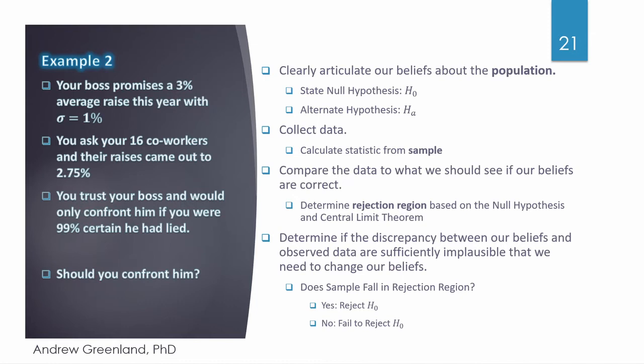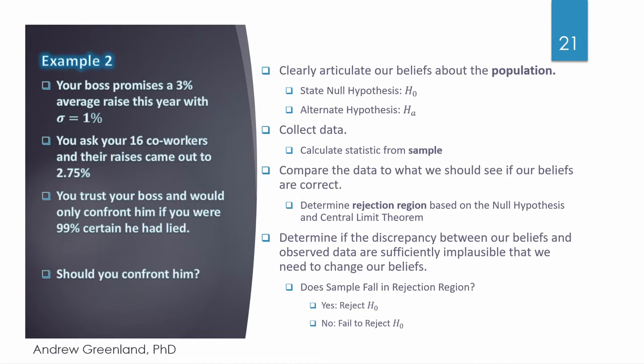Not that you've got any reason not to trust your boss, but just the same, you chat with the next people you run into, which happen to be about 16 coworkers, and you find out that between you and the other 15, the average raise in that group came out to be 2.75%. You definitely trust your boss, and you don't want to confront your boss unless you're 99% certain you've been misled. So the question is, can you be 99% certain that you've been misled? Should you confront your boss?